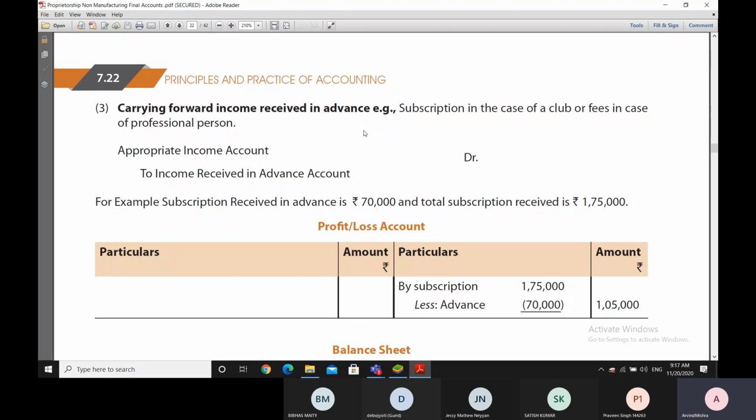Since this club fee is paid in advance, it does not relate to the year in which it is being paid. Therefore, we need to reduce it from the subscription, which will go into the profit and loss account.